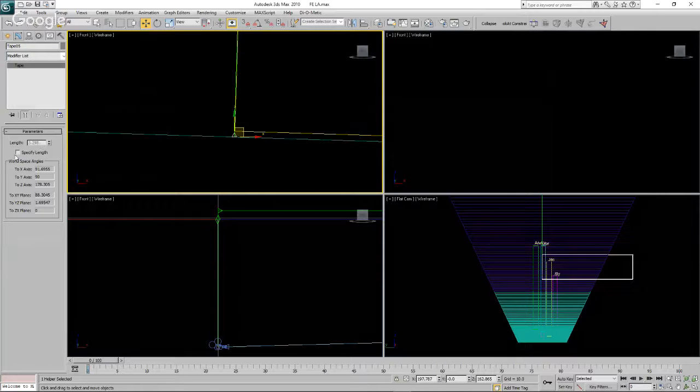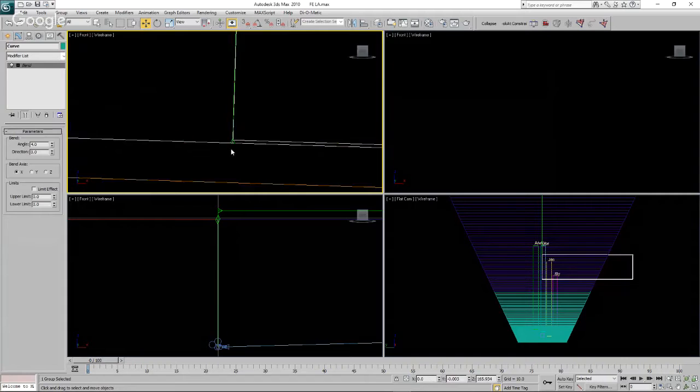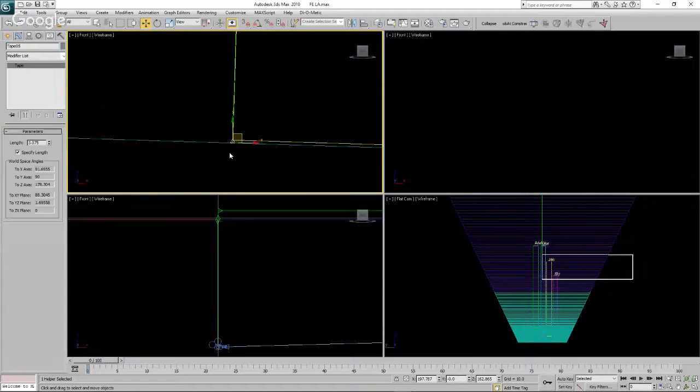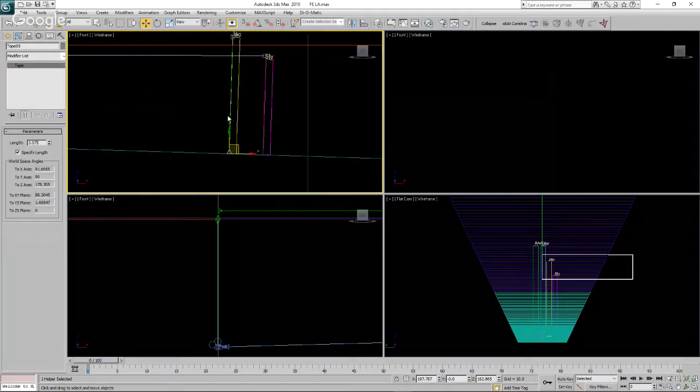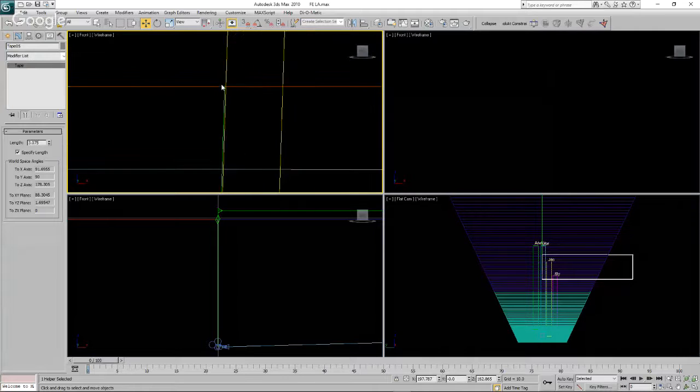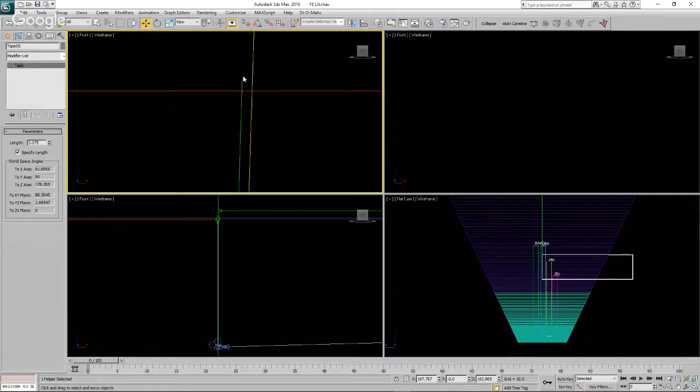Now I have this at 3.075. Now this is going to be off by a couple of meters because of the length and how this is all measured out. Oh wait, no, that's actually got to be vertical, but you know, whatever. Yeah, I'm off by about maybe 2 meters.